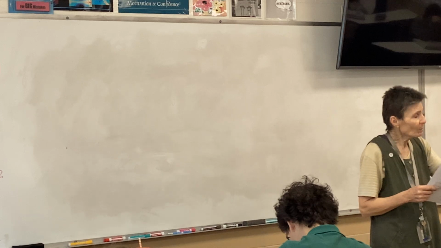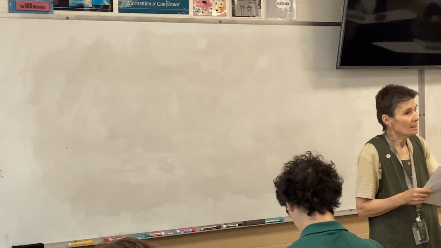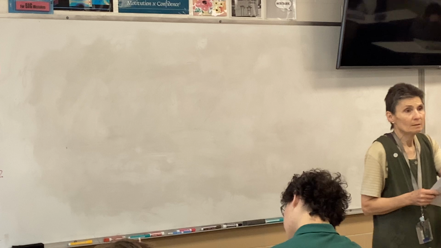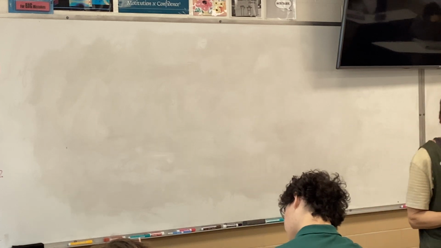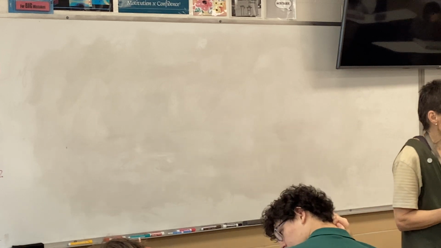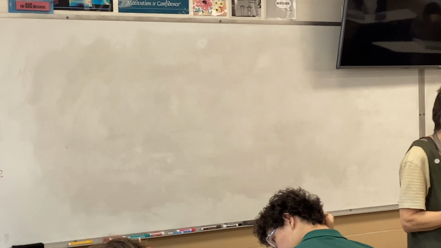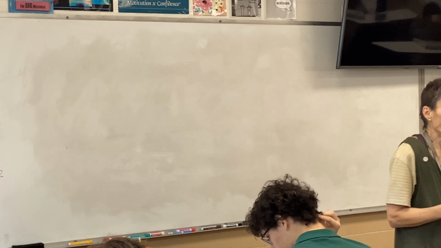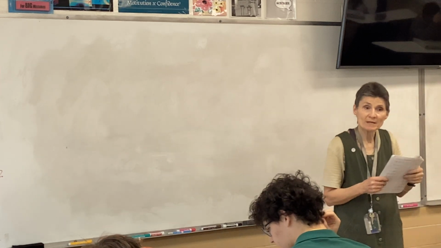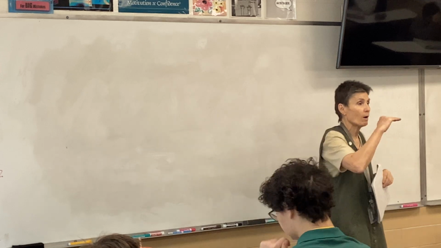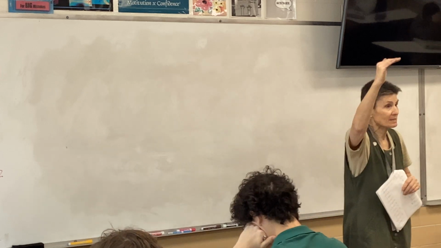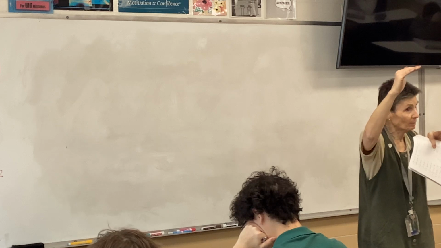But one way of finding the period is to go from minimum to minimum, or maximum to maximum, or if it's more convenient, you can go from minimum to maximum and then double it.